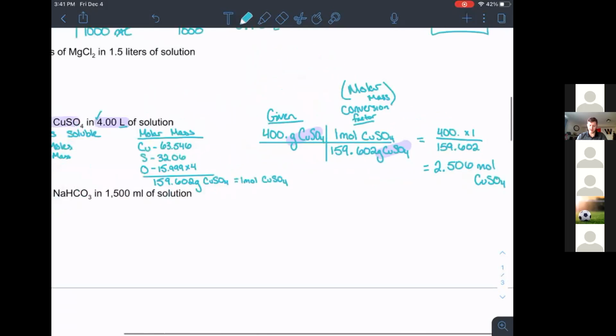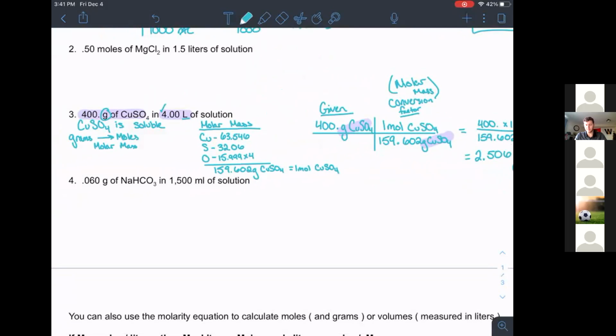How many significant figures do I need to use for this part of the problem? 3. 3 significant figures because 400 with that decimal point tells us those zeros count, which tells us 3.